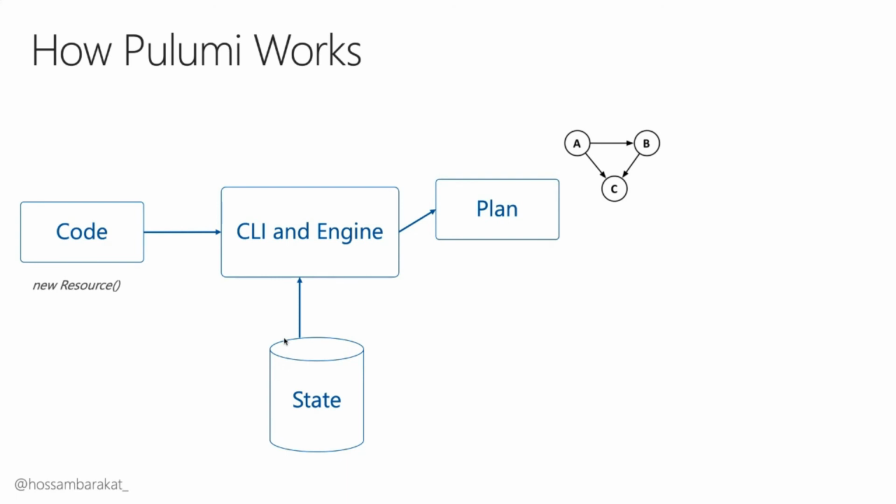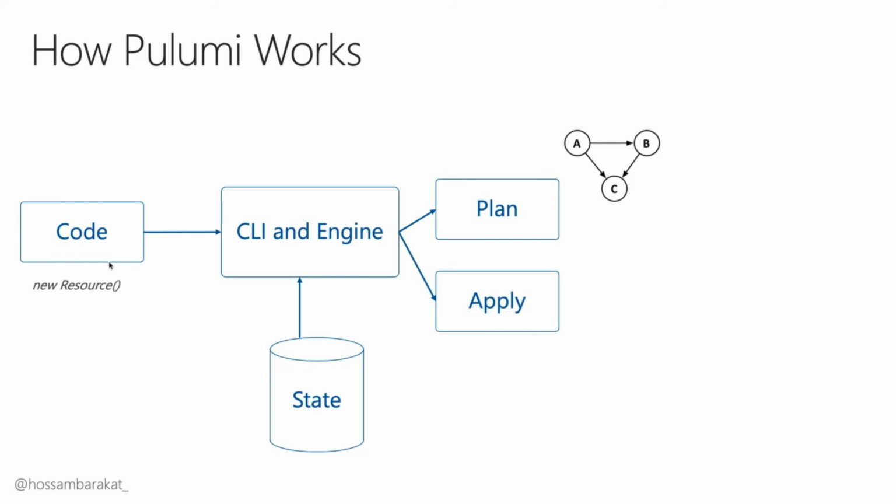The next step is Pulumi, after it compares the desired versus the current, it comes up with a plan. How would I reach from the current state to the desired state? That also includes how can I parallelize the operations. So while I'm creating the resources, I don't want to create them sequentially. I'm trying to parallelize as much as possible.